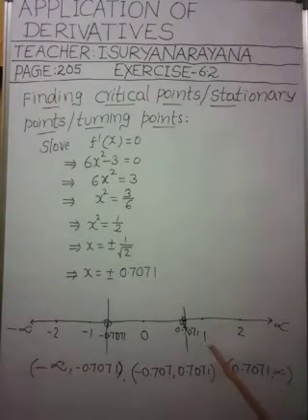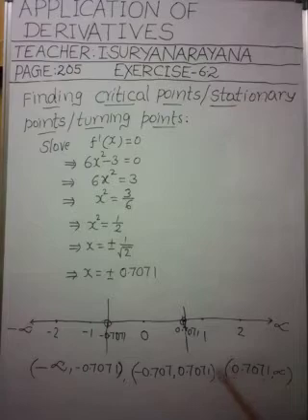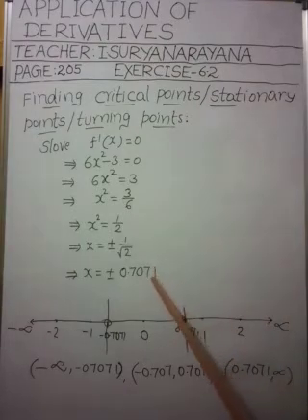And the third interval, 0.7071 comma infinity. Understood these three intervals, my dear children? The real number line is divided by these critical points into three distinct intervals.